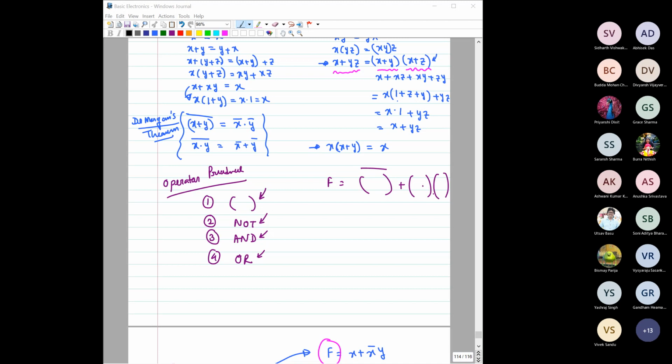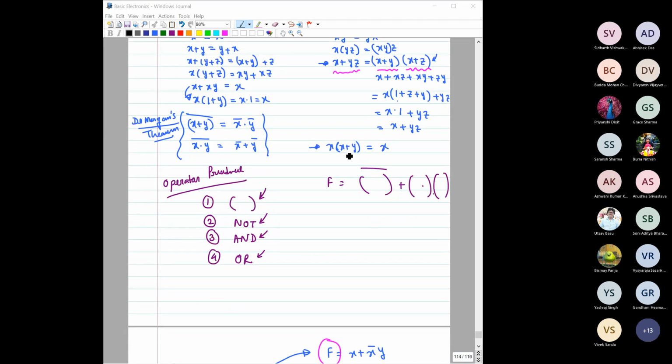Then you have taken y as common. Then it is 1 plus y plus x bar z, xy plus z. So it is x plus x bar, so this becomes 1. And this is xy plus z. Okay, can you also do this?